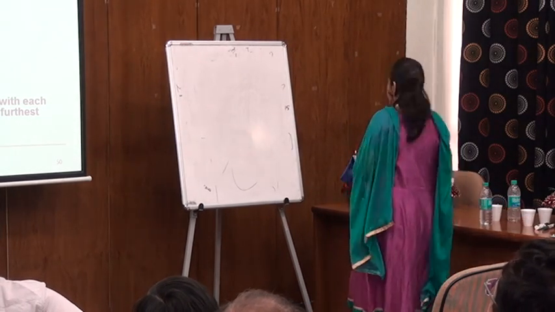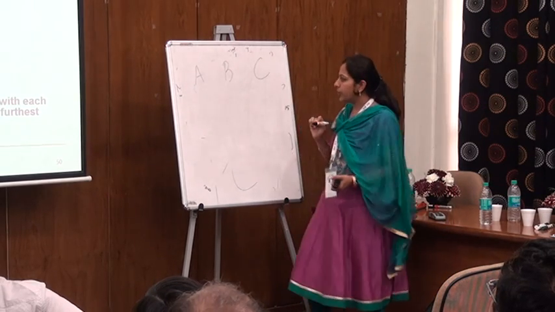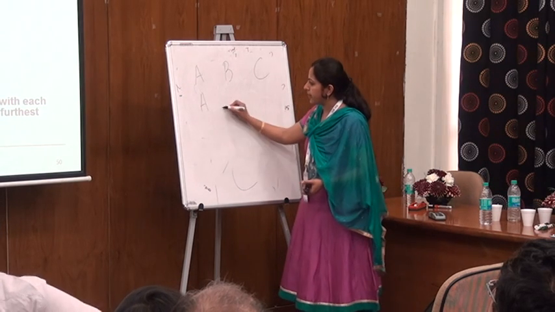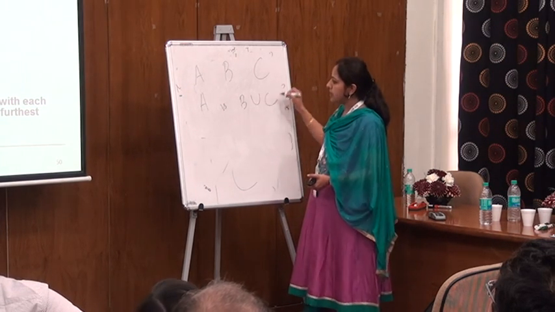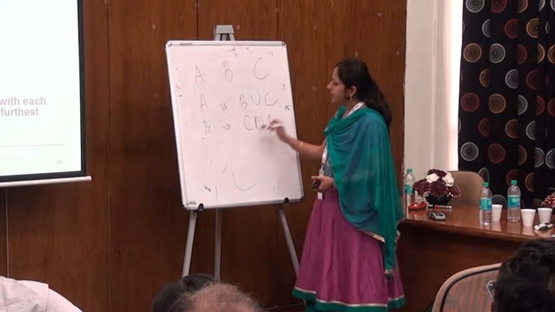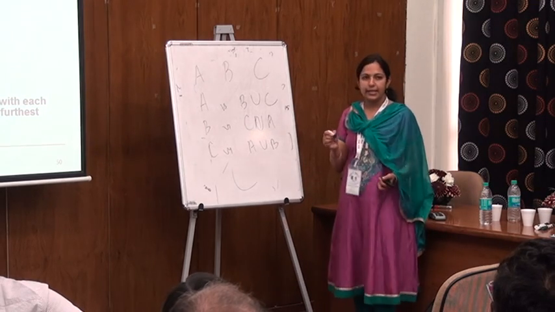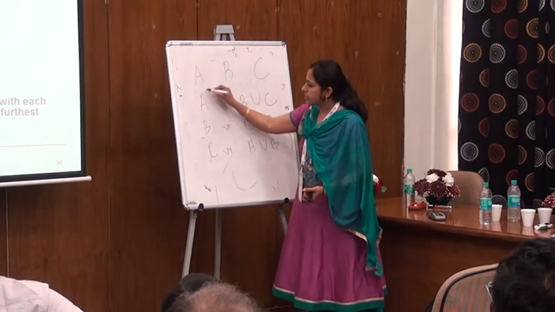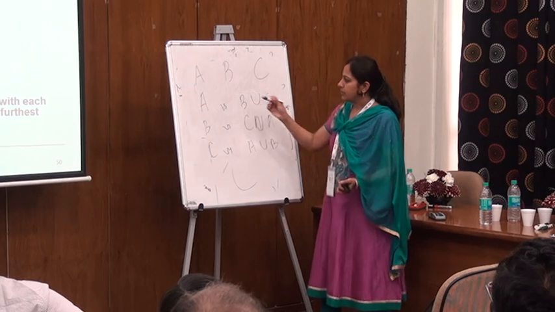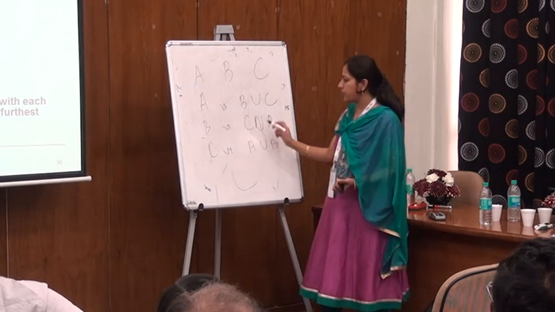Let's say we have classes A, B and C. We first make a classifier A versus B union C, then B versus C union A, and then C versus A union B, right? And then we know the decision rule. The decision rule says that either the point belongs to this or the point belongs to this, and so on.